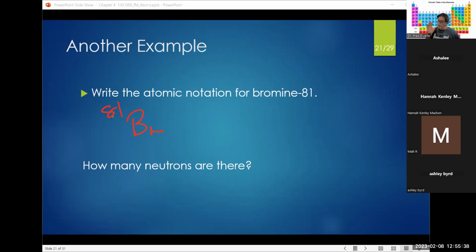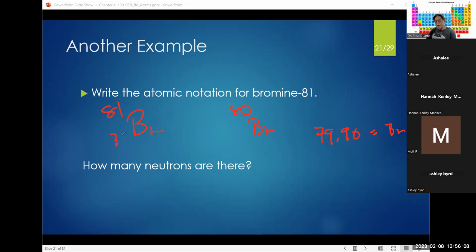So they're telling you the specific isotope you're working with. The most common isotope would be bromine 80, and you determine that by looking at the atomic weight of 79.90. That's for bromine. Okay. And so what about the atomic number for bromine? What is that? 35.